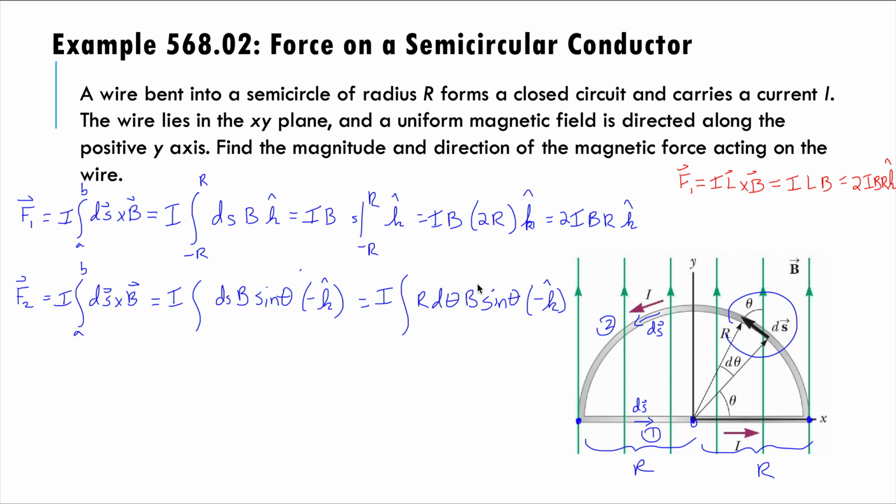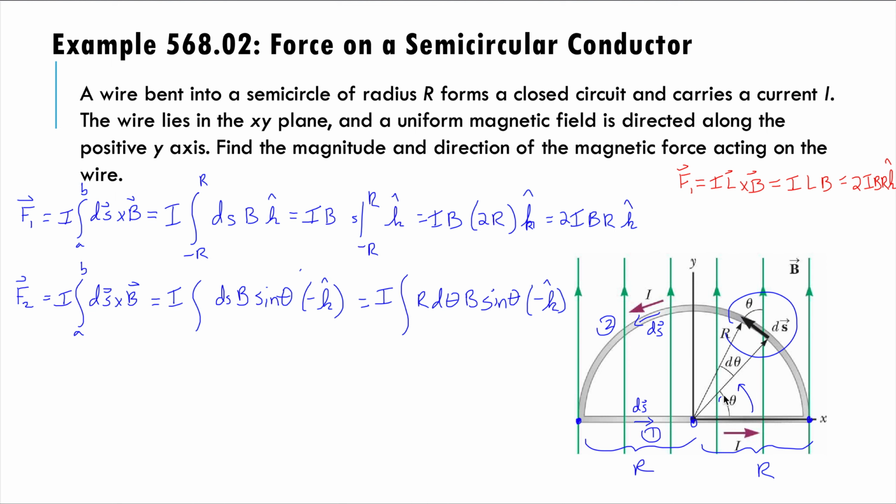And now we have to choose our limits of integration. What are we integrating theta from? If we substituted r d theta for ds, because ds is approximately the arc length here, then theta is going to be defined from the positive x-axis here going counterclockwise.